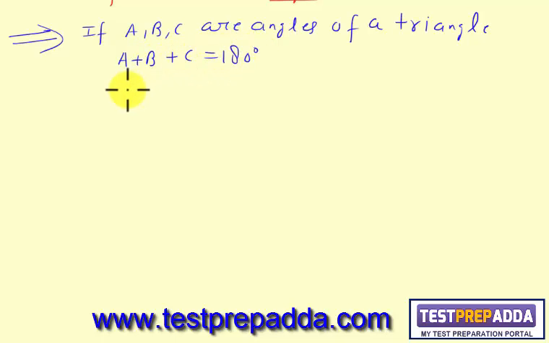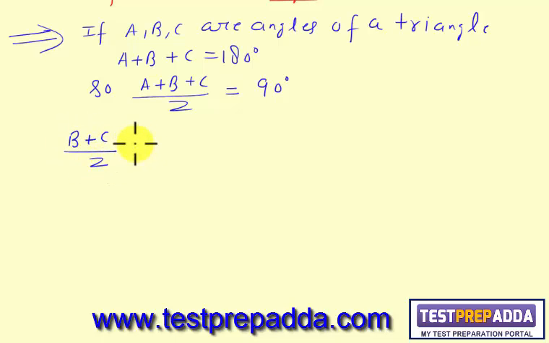We already know this. So A plus B plus C by 2 will be what? It will be 90 degree. Okay. So if I ask you B plus C by 2, it will be equal to 90 degree minus A by 2.